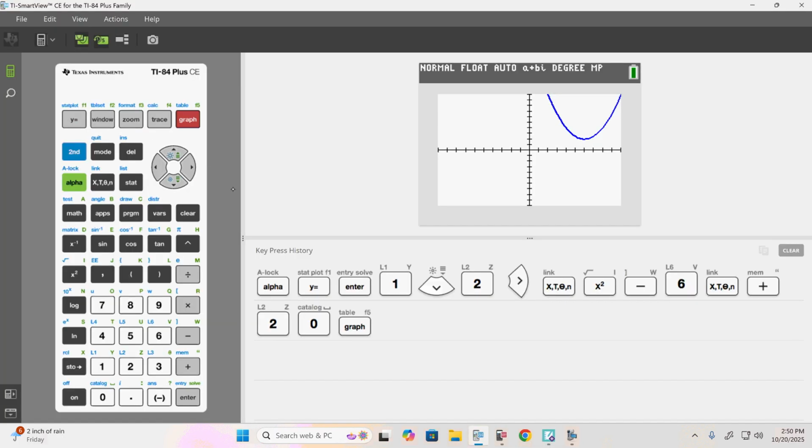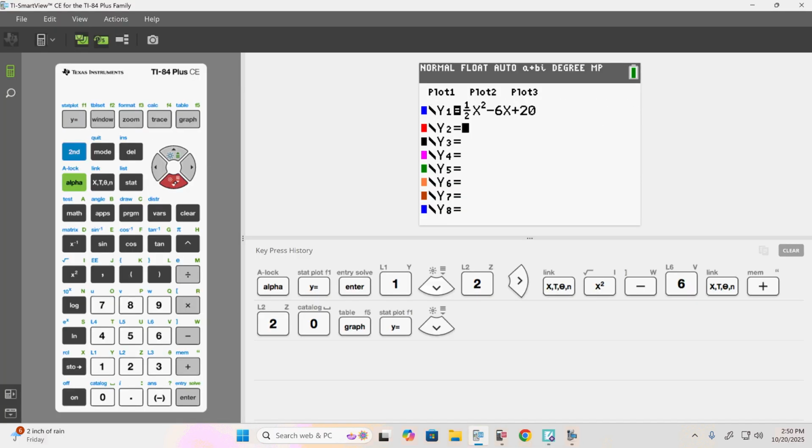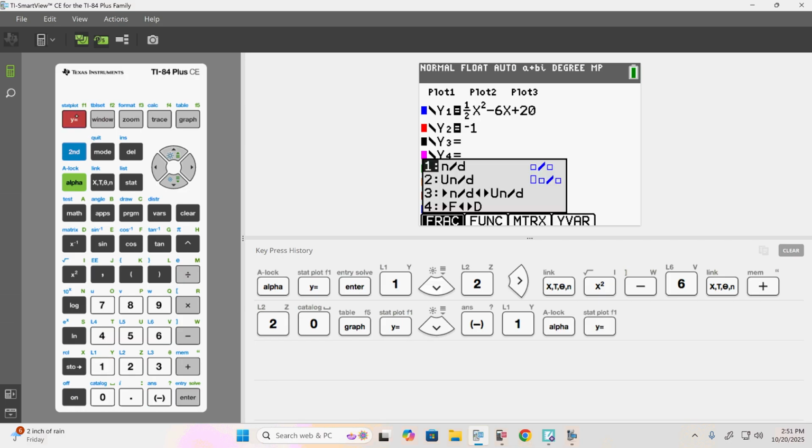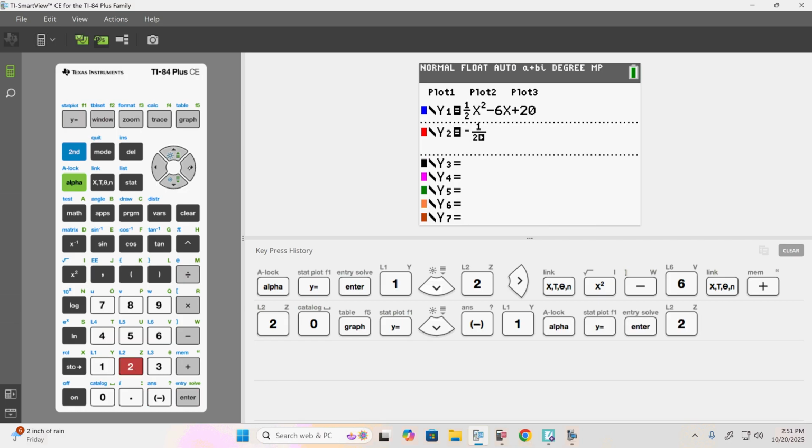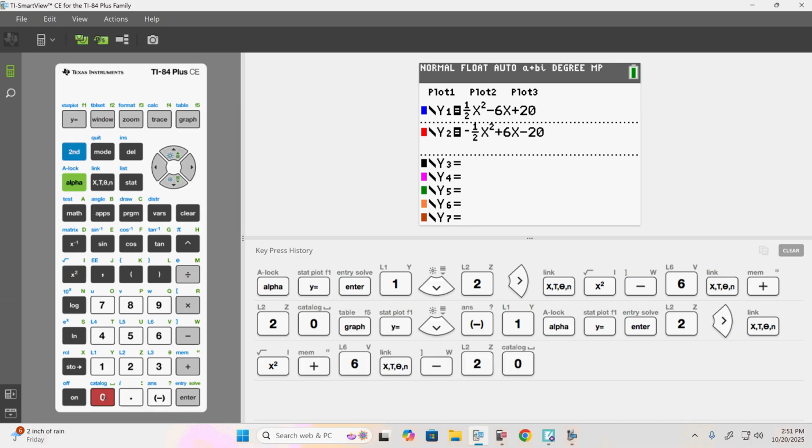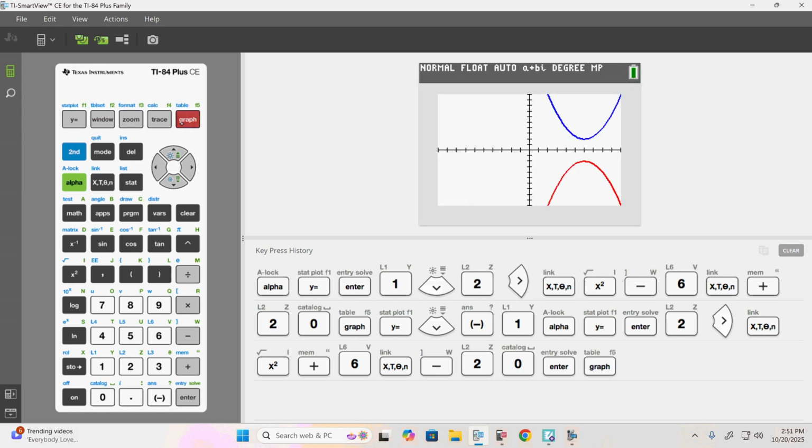But the nice thing with the graphing calculator is it does not care if the number in front of x squared is positive or negative. The main thing is we want it equal to 0. We want to get it by itself. And if we graph this here, we see that the function's been flipped, yes?